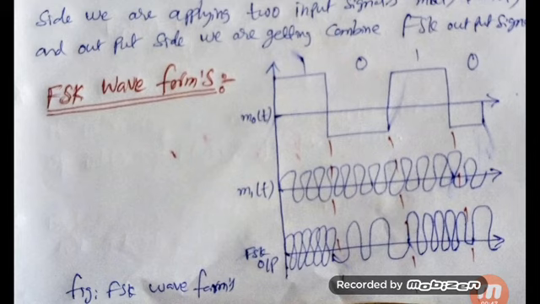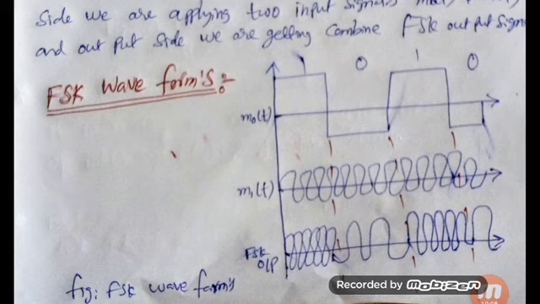By using microphones, it receives the analog information and converts it. By using earphones, it converts the information from digital to analog.